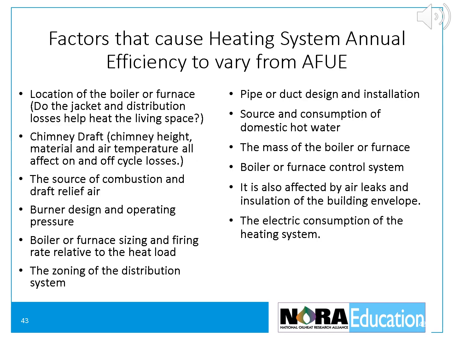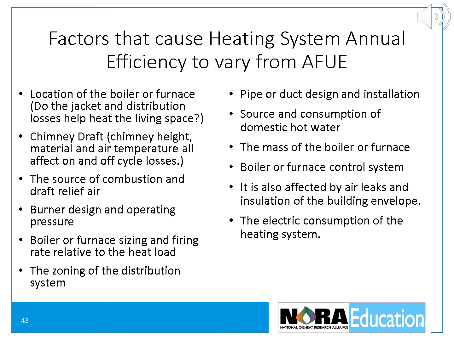Here are some of the factors that cause heating system efficiency to vary from AFUE. First, the location of the boiler or furnace. Do the jacket and distribution losses help heat the living space, or don't they? Chimney draft. The chimney height, what the chimney is made of, and the air temperature all affect on-cycle and off-cycle losses from the chimney. The source of combustion and draft relief air. Burner design and operating pressure.